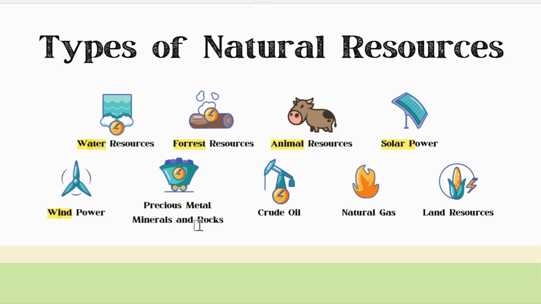Okay. Now precious metals, minerals, and rocks. You might have seen your parents investing in precious metals like gold, silver, diamond, platinum, etc. There are many precious metals nowadays. Many people invest in these precious metals. How do they come about? These precious metals all come from nature.